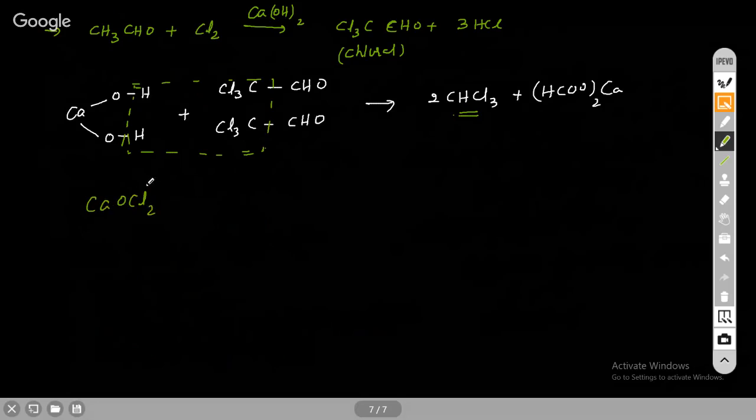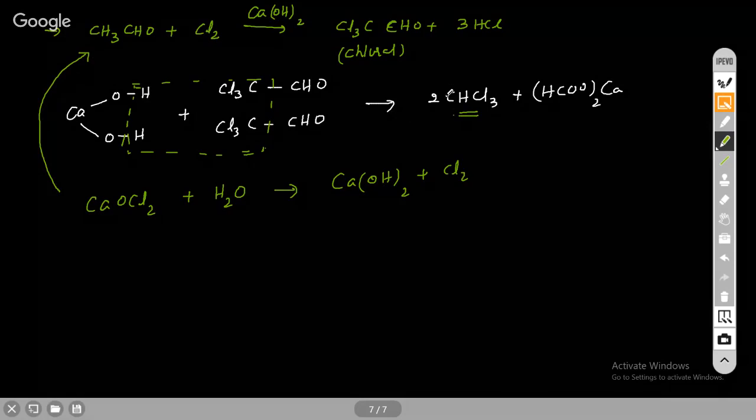This is phosgene, and when it is put into water, it forms slaked lime, which is Ca(OH)2, and chlorine gas evolves here, which we further use with ethanol for the preparation of chloroform. Further, if you react this with water, you'll get phosgene again.